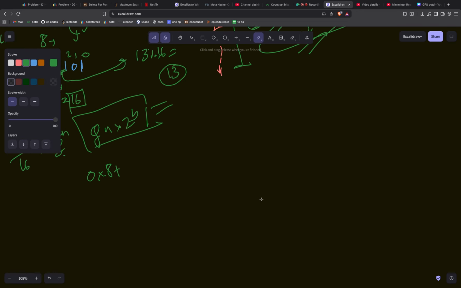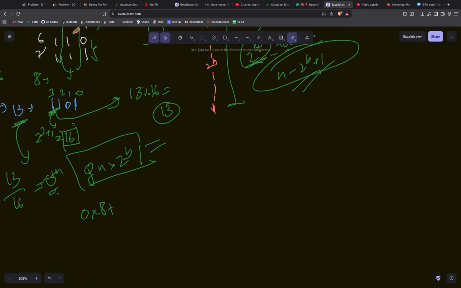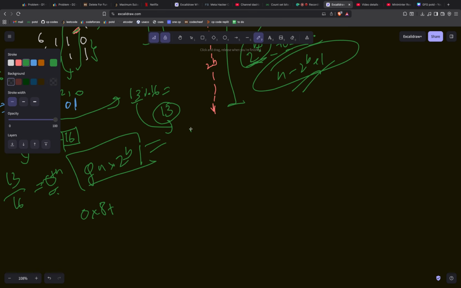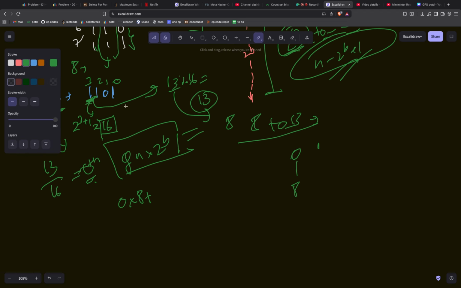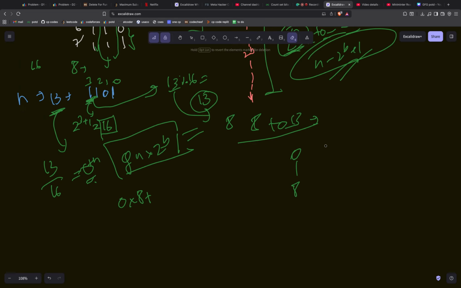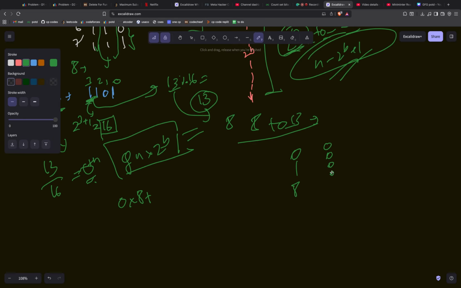So for 13, for the first bit, basically it is in 13, and the starting is like 8. So 8 to 13, all of them have these set bits, and we can even see from 0 to 8, the third bit is never set. It is 0 0 0 0.